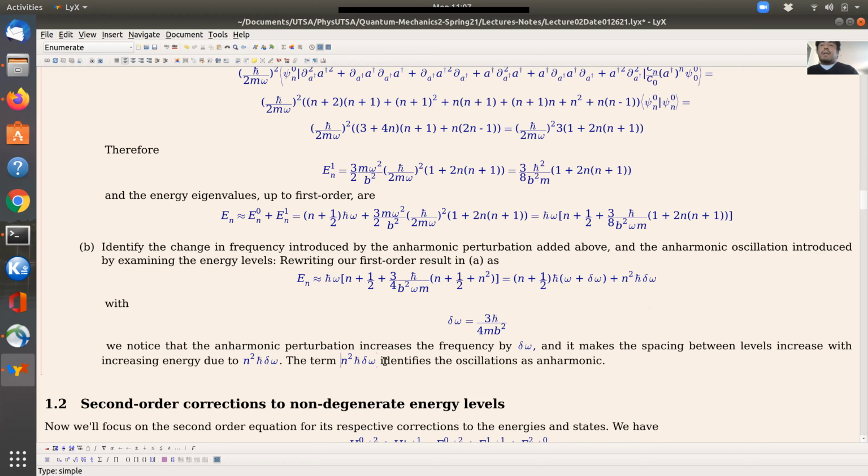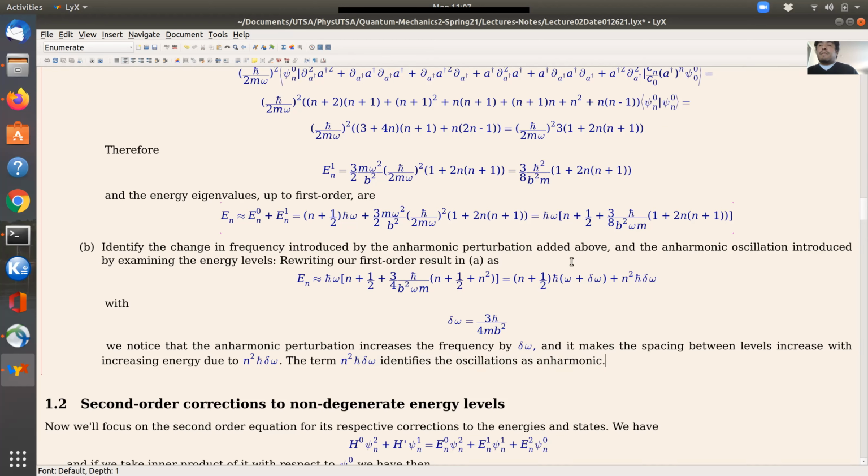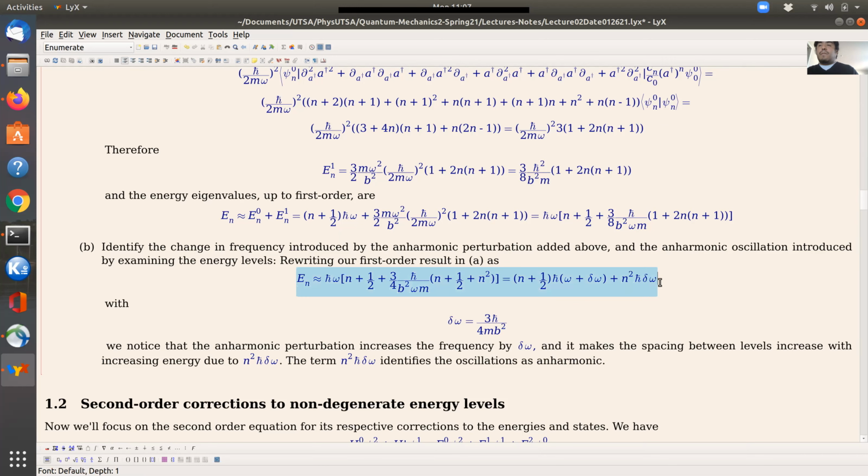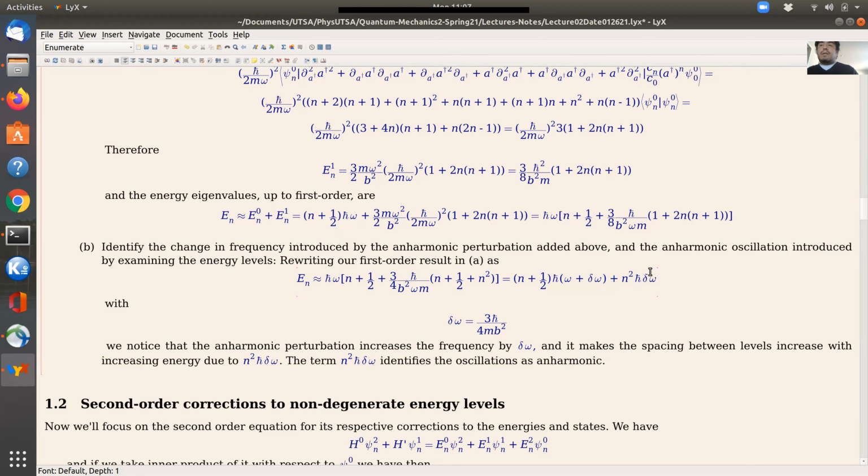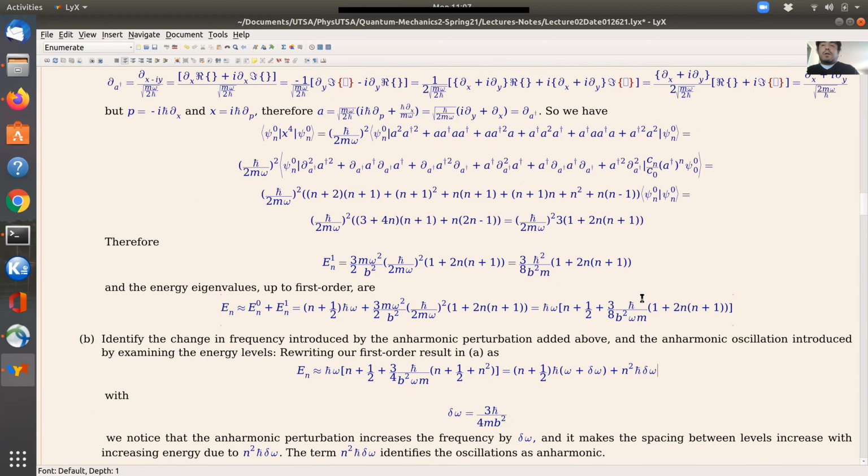And so this is the term that is identifying oscillations that are anharmonic, precisely because, again, energies are usually linear functions of n, but this is quadratic with respect to n. So this is the term that makes it more evident that you're having non-harmonic or anharmonic effects. So I hope this helps.